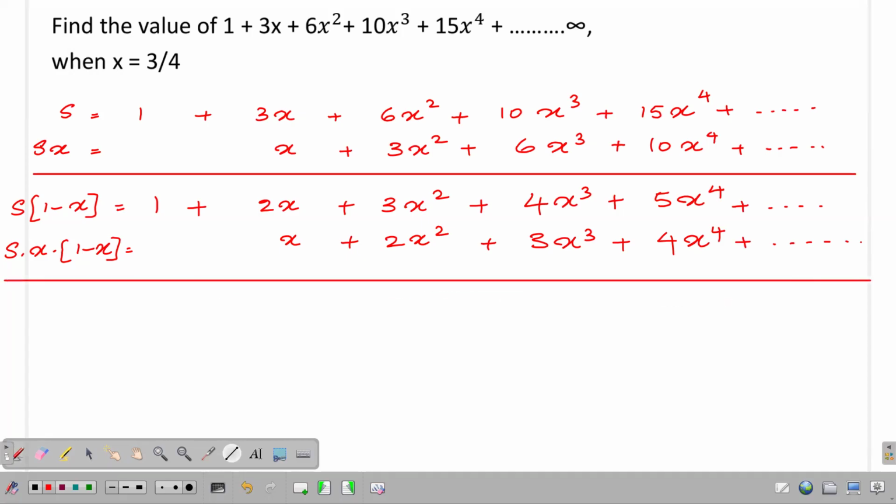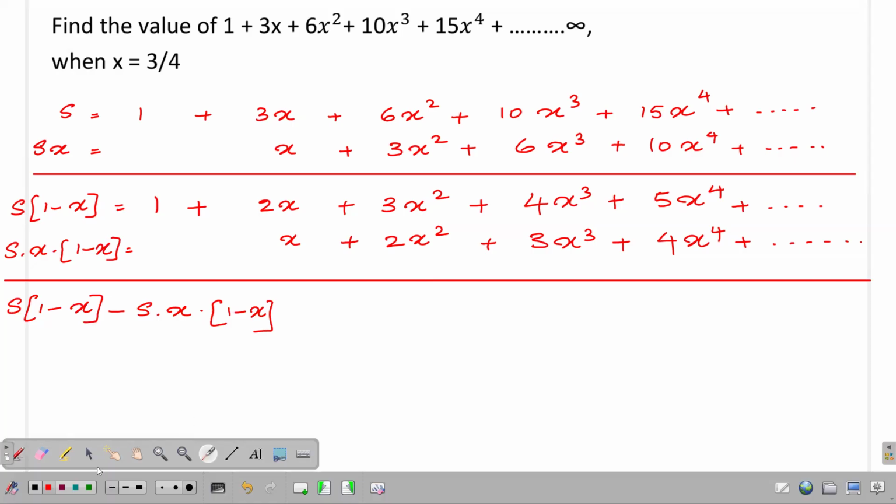Something interesting is coming here. If I subtract the first equation minus the second equation, you know what I'm going to get? S times 1 minus x minus s times x times 1 minus x. Observe what I am doing here, this guy minus this guy.